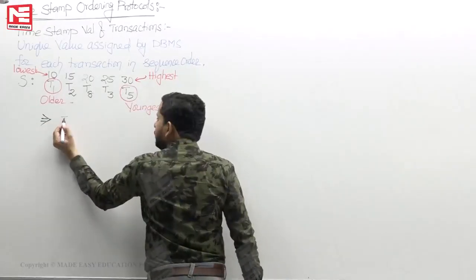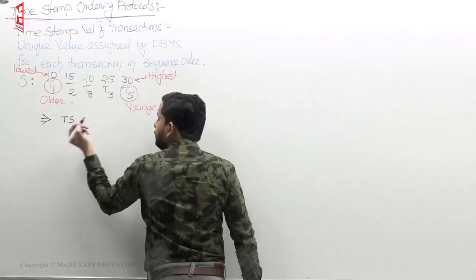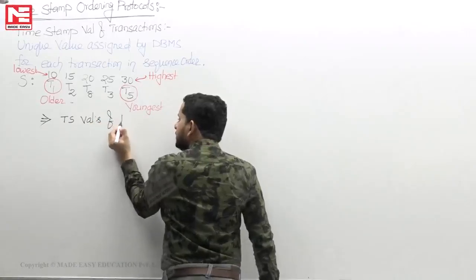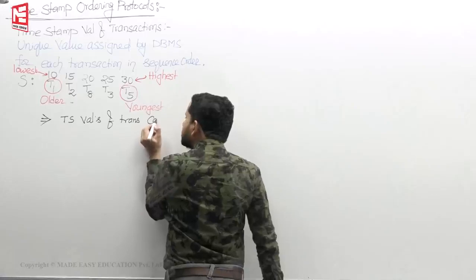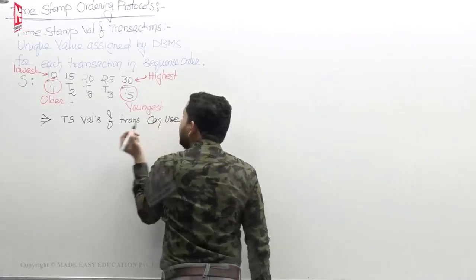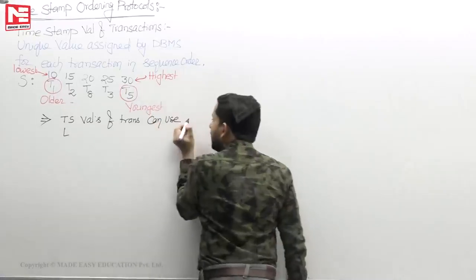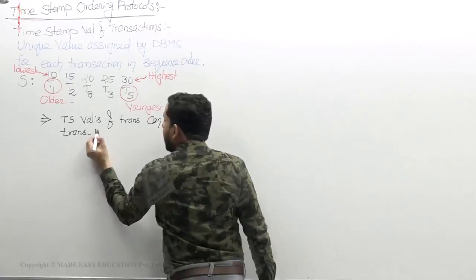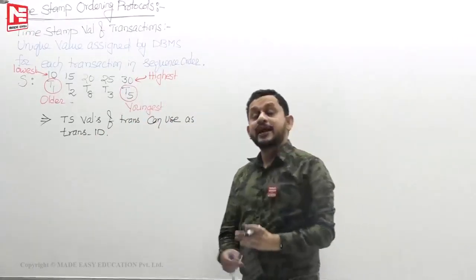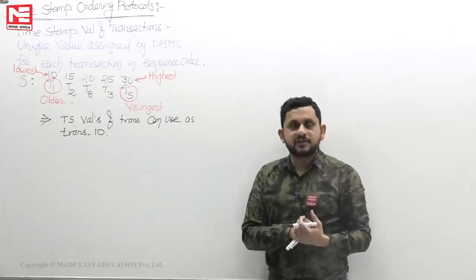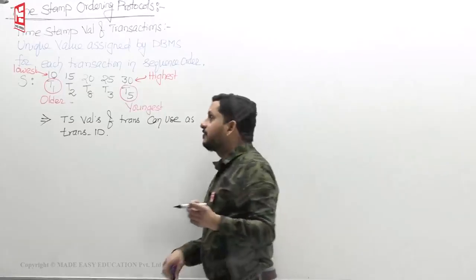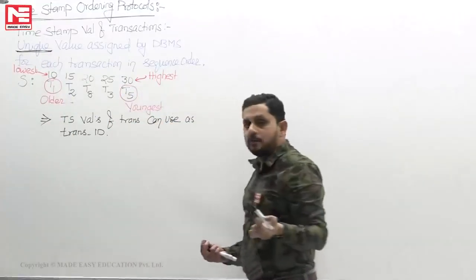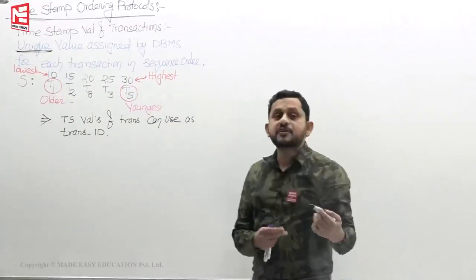First, the timestamp value of a transaction can be used as a transaction ID, for identification. We can identify a transaction by using its timestamp value. Anyhow, whenever a unique value is assigned for all the people, that can be used as an ID, identification number.